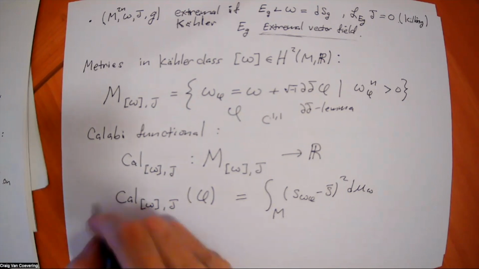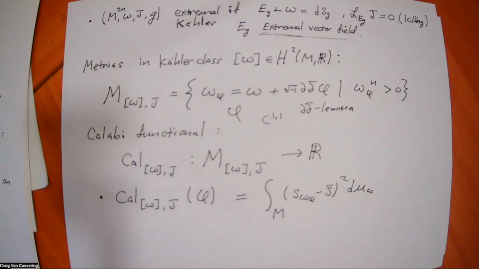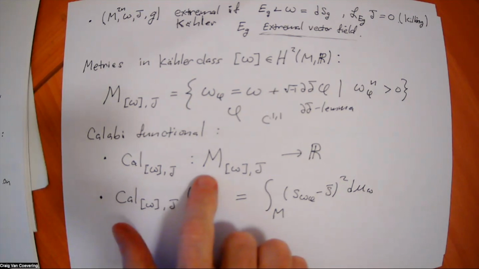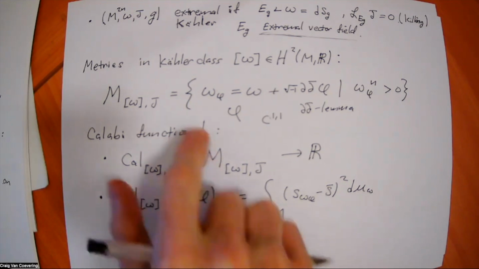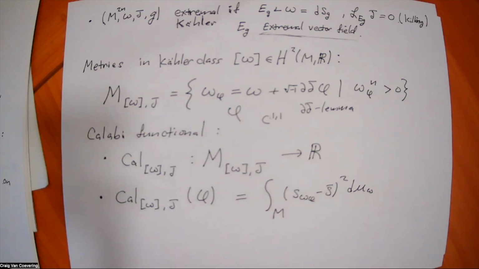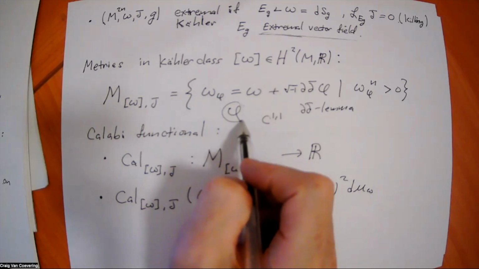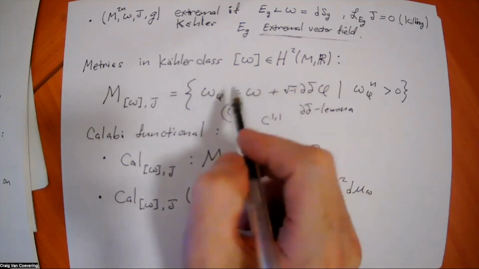Another basic thing is that for these metrics there's a functional on this space, normally the set of potentials, though here I wrote it as the metrics.